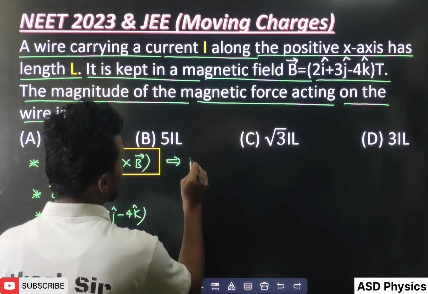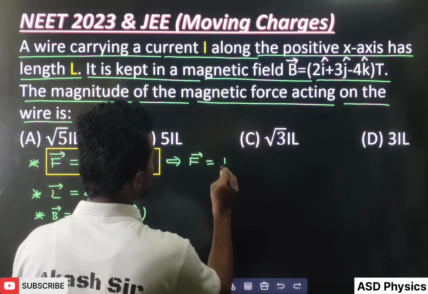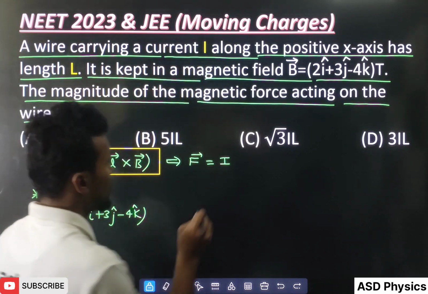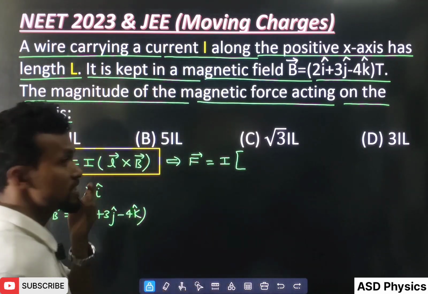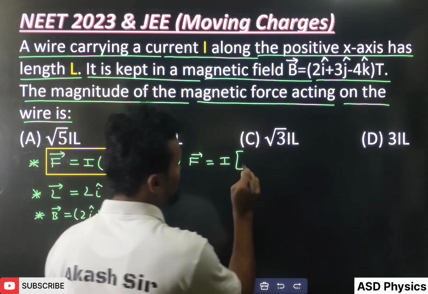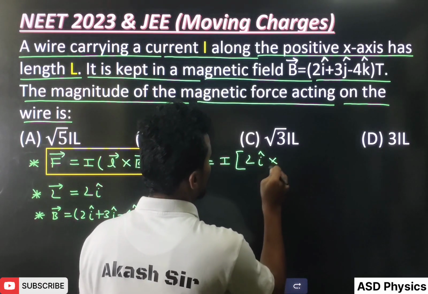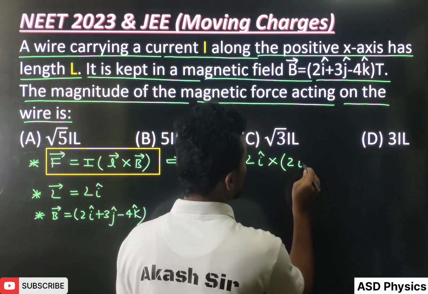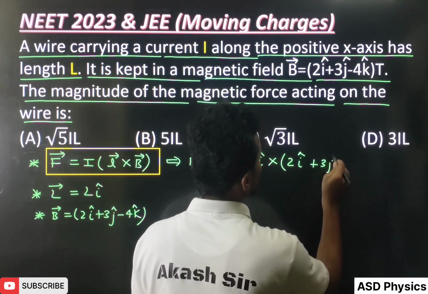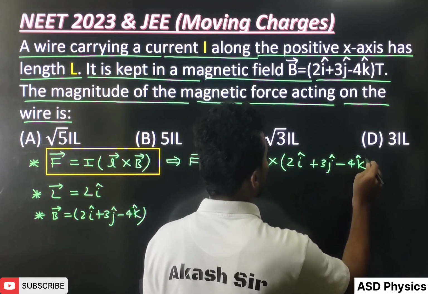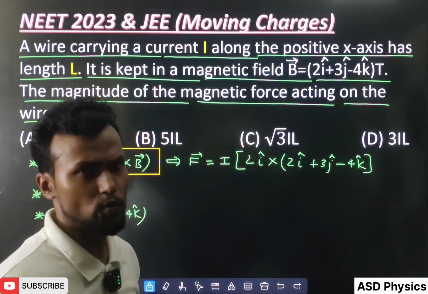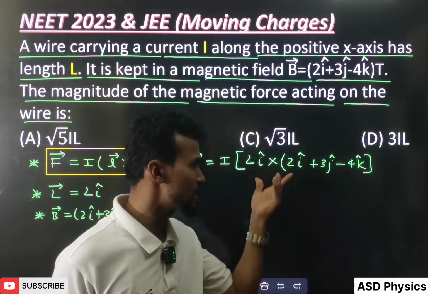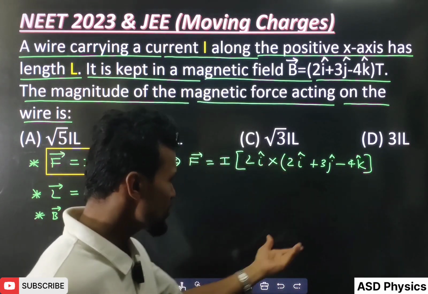To calculate the magnetic force, the current I is given, then we put the length, L i cap, cross the magnetic field, 2i cap plus 3j cap minus 4k cap. Here we have to take the cross product. Cross product can be done by the normal method or the determinant method, but here the determinant method is not needed because it is very simple.